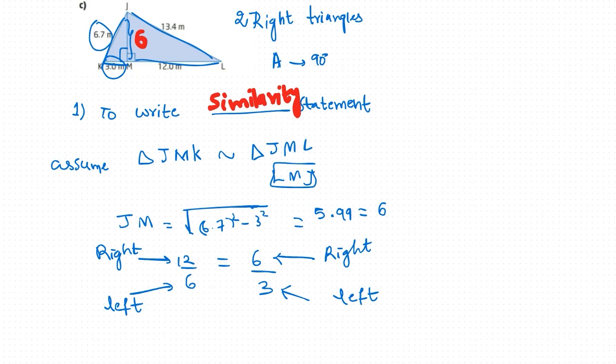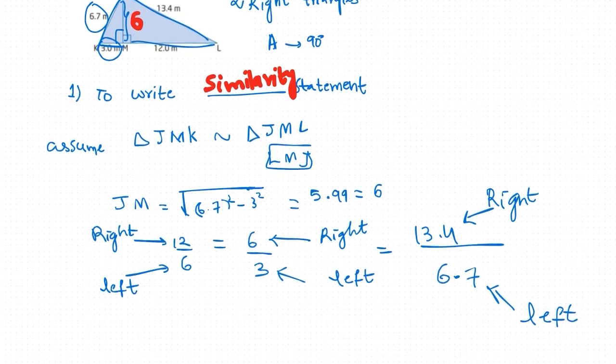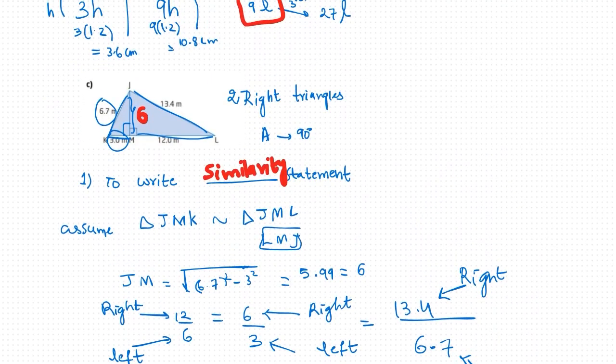So this was also equal to 13.4 from right upon 6.7 from left. So that way we have sides that are proportional. So the left triangle and right triangle are similar.